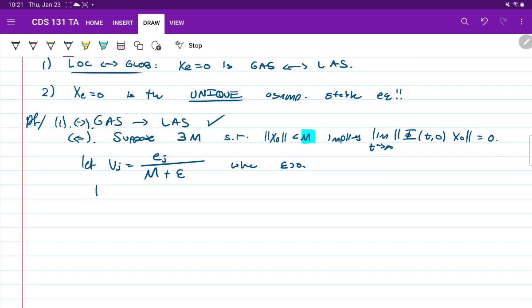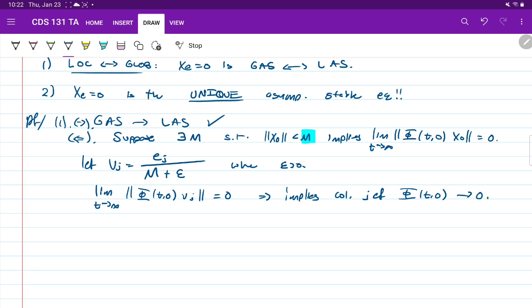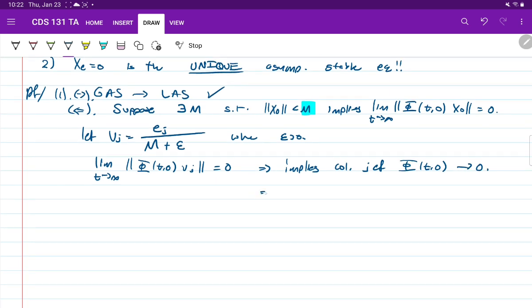What we have from the above is that the limit as t goes to infinity of phi of t comma 0 times Vj is equal to 0, because we're within this correct ball of initial conditions. Since Vj is just a scaled version of the Ej vector, this still implies column j of phi of t comma 0 converges to 0.